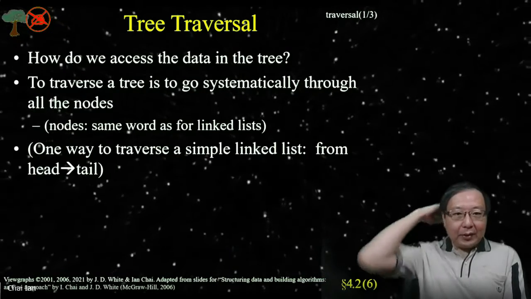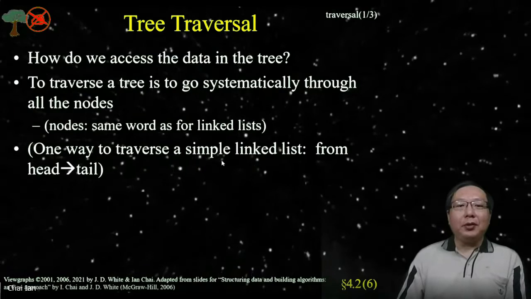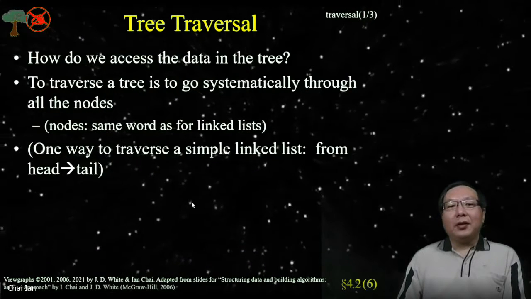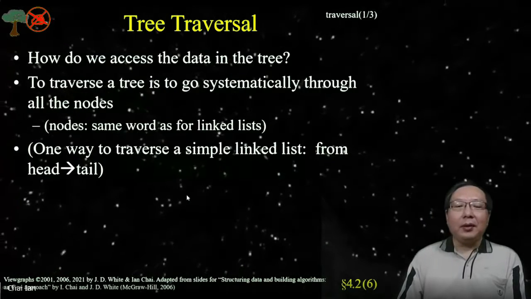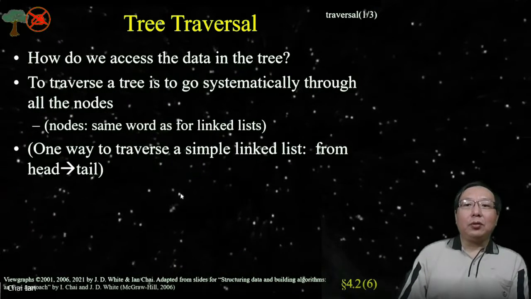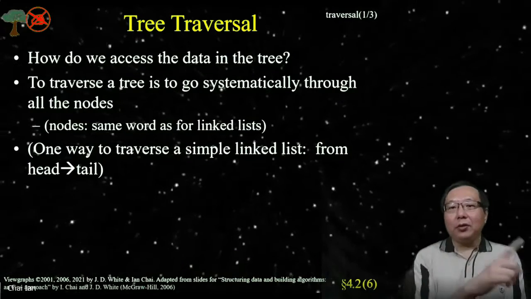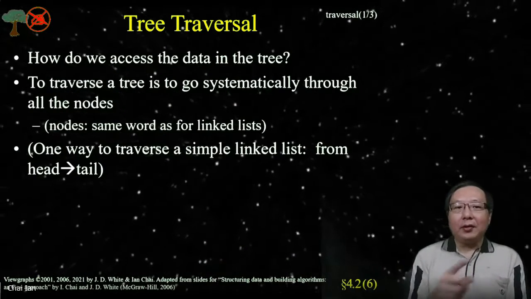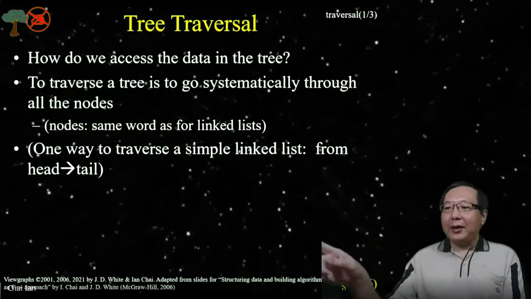Now, note that the nodes actually are very similar to the linked list nodes. In fact, a lot of tree nodes look exactly like the type of linked list that goes both ways. Okay, so remember we did a linked list that you can go right and you can go back left.